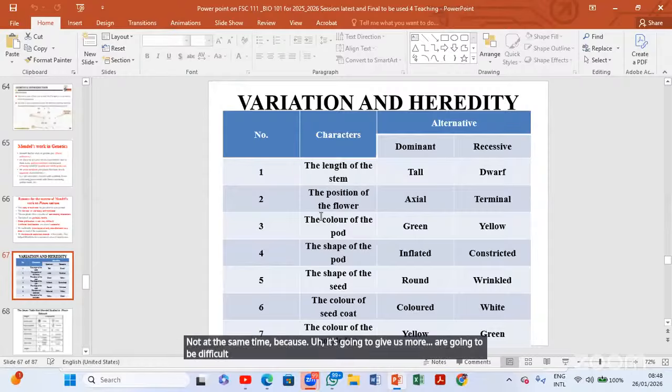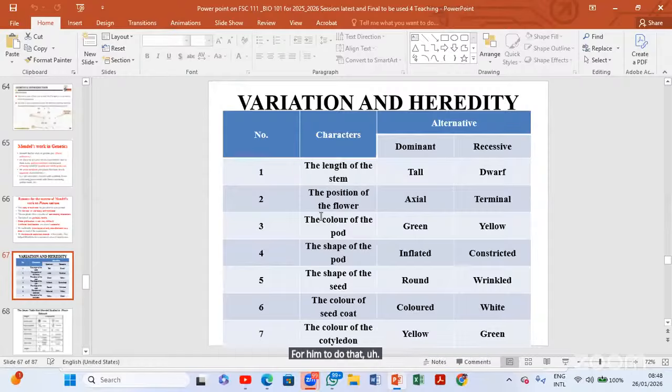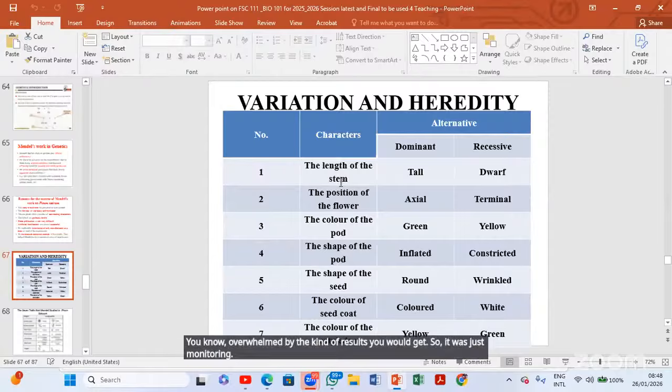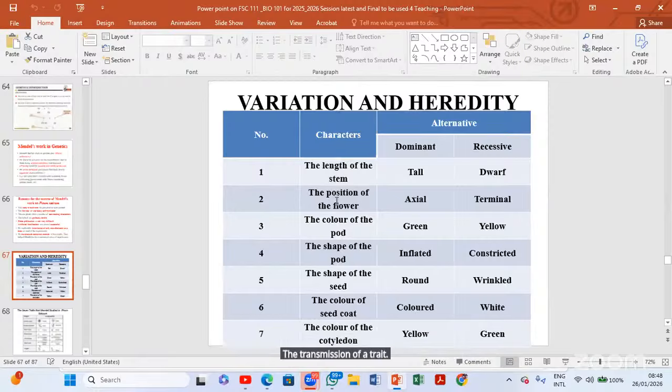And at that time, for him to do that would make it tedious and maybe overwhelming because of the kind of results you get. So it was just monitoring the transmission of a trait at a time, not minding what is happening to other traits.